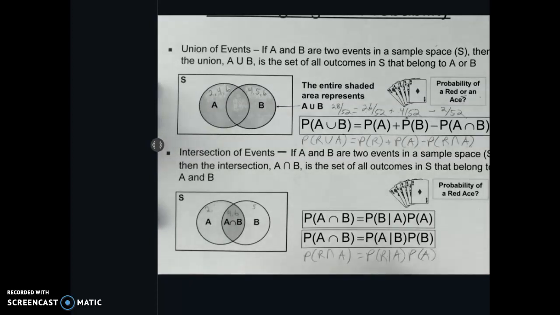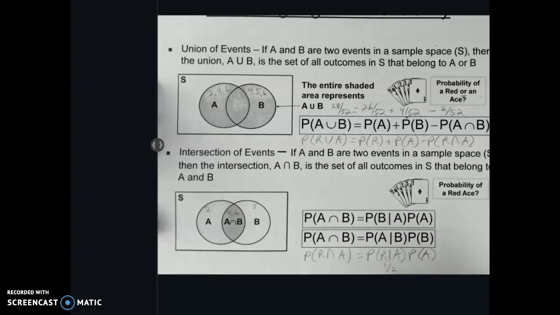And from a calculation standpoint, we first need to find the probability of a red given that an ace has occurred. Well, if we have an ace, what is the probability of getting a red? And well, there's 4 aces, so if you've got all aces, half of them are red. So it's essentially 1/2.